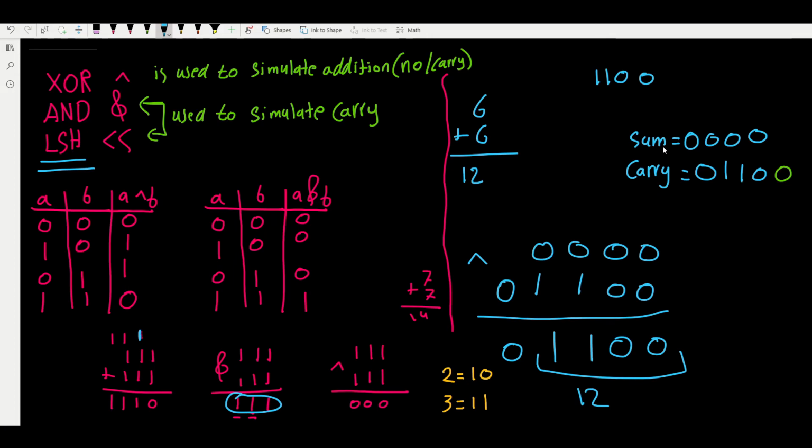So when we add the sum to the carry, there are cases where this addition will also cause a carry. And we need to keep doing this. We can think of this as a loop that we will keep doing until the carry is 0, so that we can return the sum. It's okay if that sounds a little bit confusing. Let's look at the code, and I will explain to you exactly what happens.